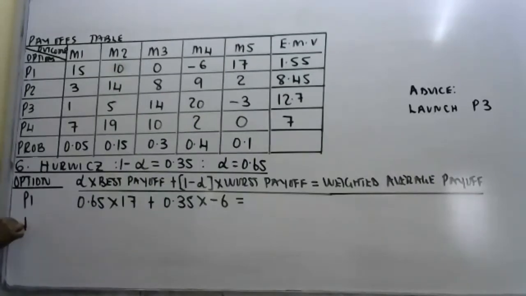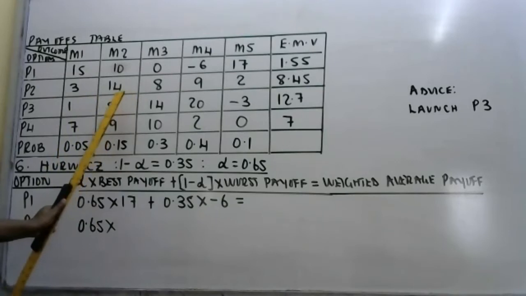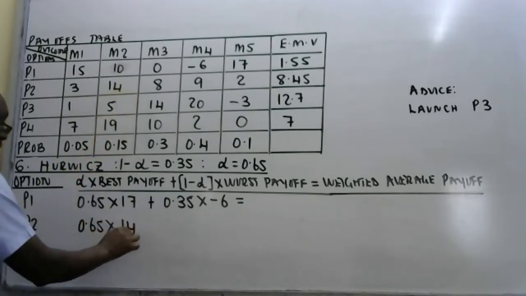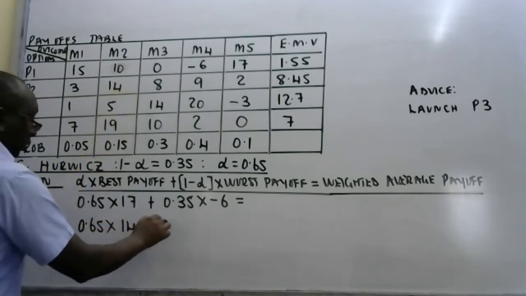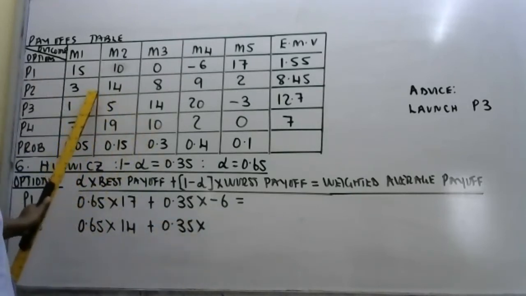Then I come to P2. P2, I take 0.65 multiplied by the best. The best here is 14 plus 0.35 multiplied by the worst. The worst for P2 is 2.